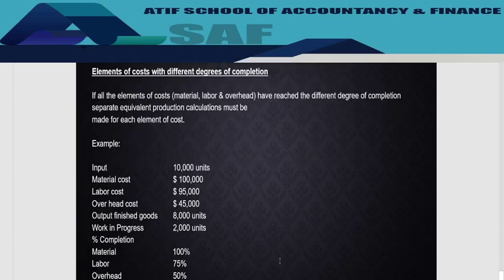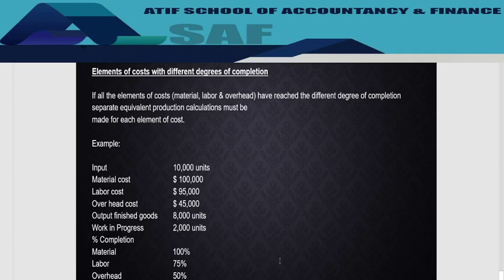Element of cost with different degrees of completion. If all the elements of cost, material, labor and overhead, have reached a different degree of completion, separate equivalent unit production calculations must be made for each element of cost. For example, if input units are 10,000, material cost incurred is $1 lakh, labor cost $95,000 and overhead cost is $45,000.